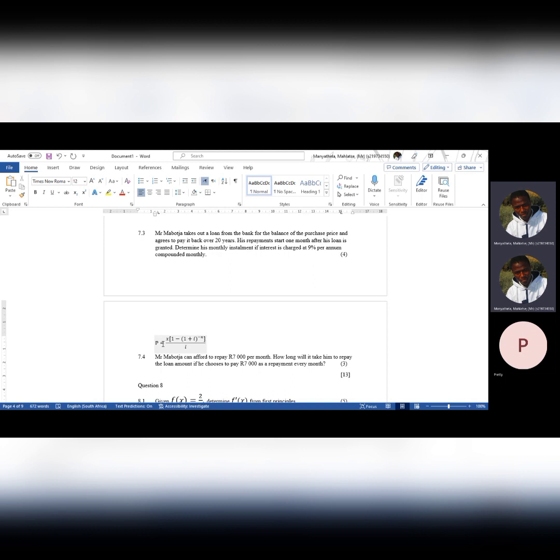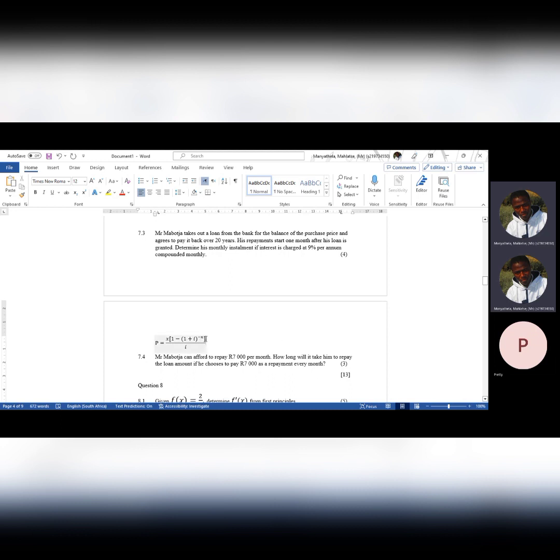We have the interest rate, which is 9%. We have the number of years, which is 20 years compounded monthly. So the only thing that we lack is the value of X. So I'm going to show you the formula to calculate X.